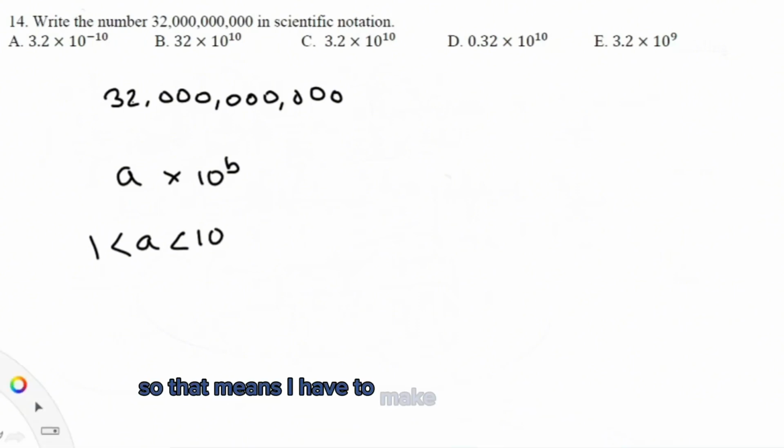So I have to make a number out of this 32 billion that is greater than 1 but less than 10. For example, 3.2. If I put a dot right here, it becomes 3.2, and that is greater than 1 but less than 10.